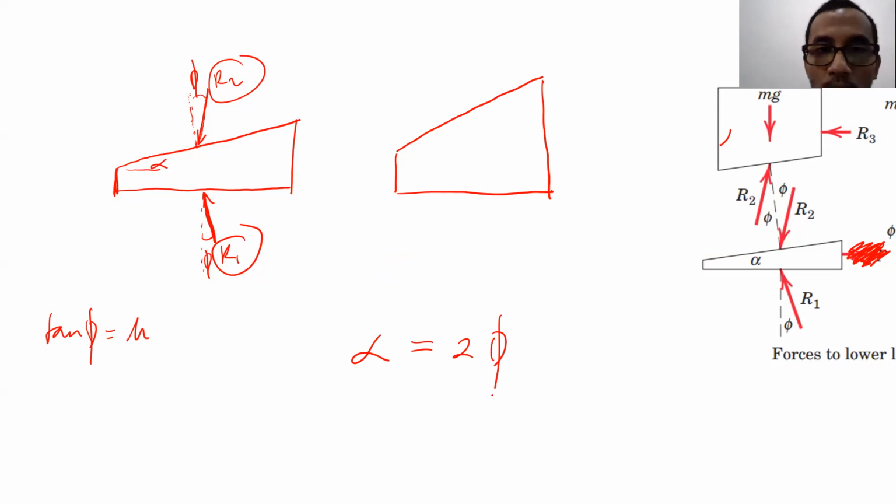This is what will be happening later. This one is R1. This one is V, right?